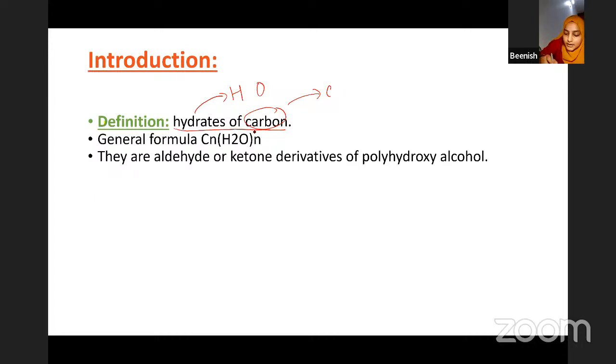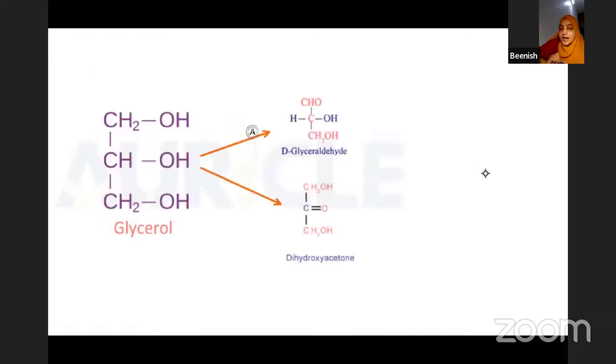Then the general formula is CnH2O whole n. Okay. So this is for monosaccharides. Then they are aldehyde or ketone derivatives of polyhydroxy alcohol.